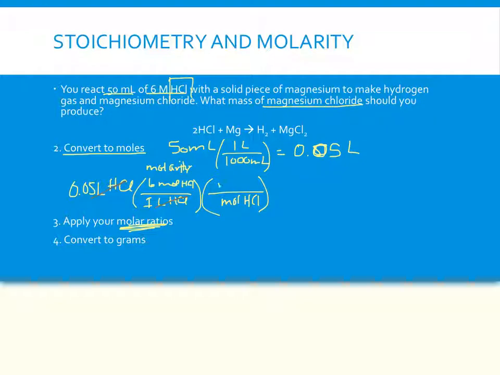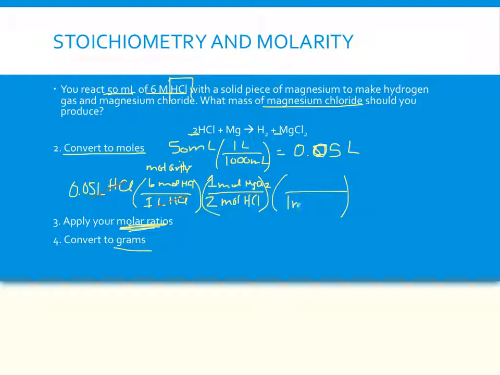So I'm going to put moles MgCl2 up top. Now, where do the numbers come from when you're dealing with the molar ratio? It's the only time you use these coefficients. Alright, so I'm going to put a 2 with the hydrochloric acid, and then since there's no number in front of the MgCl2, I'm going to put a 1. And there's my molar ratio. Last step, convert to grams.